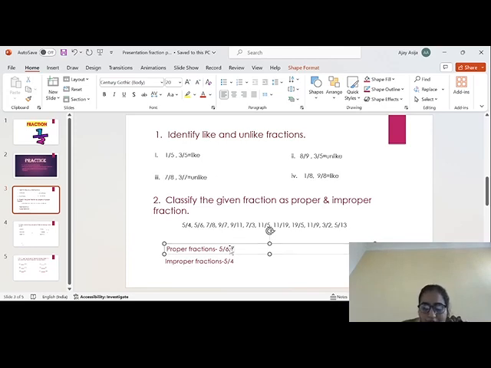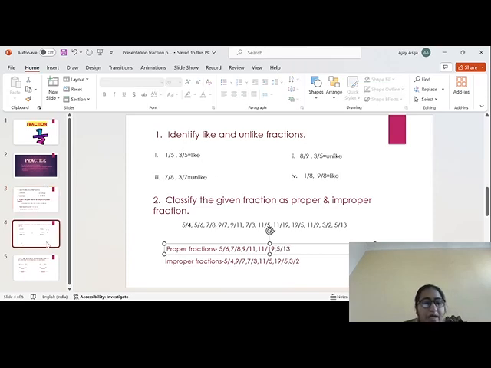So 7 by 8 is a proper fraction. 9 by 7 is an improper fraction. 9 by 11 is a proper fraction. 7 by 3 is an improper fraction. 11 by 5 is also an improper fraction. 11 by 19 is a proper fraction. 19 by 5 is an improper fraction. 3 by 2 is also an improper fraction. 5 by 13 is a proper fraction.